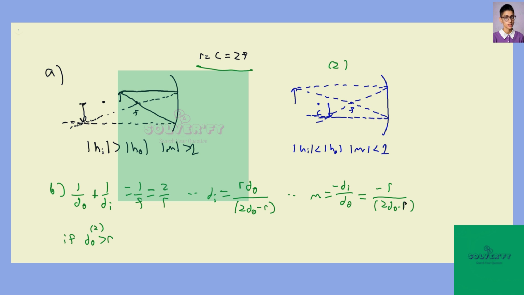But 2 times d_o, if it's bigger than R, minus R, is going to give you a magnification that is certainly less than 1, because the thing on the bottom is going to be bigger than the thing on the top. So you can write it like something like this. Something greater than R.